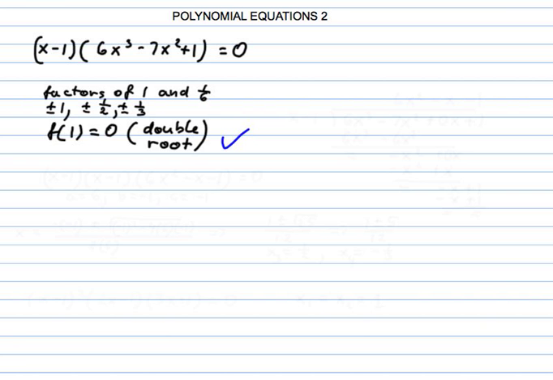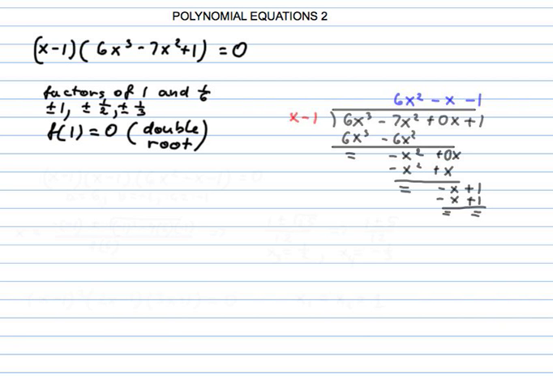So the story repeats. If I have found this monomial, the factor x minus 1, I can divide the cubic by x minus 1 again.